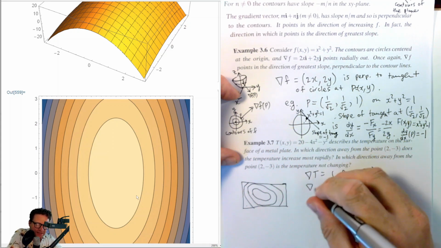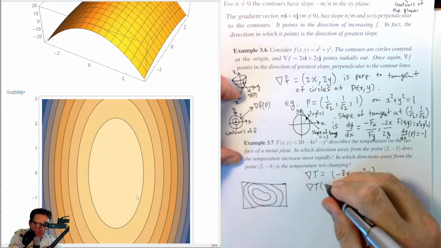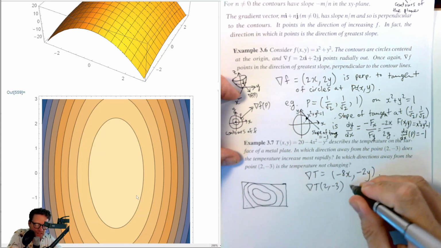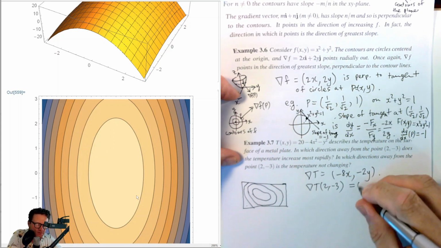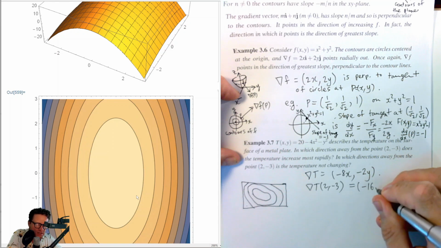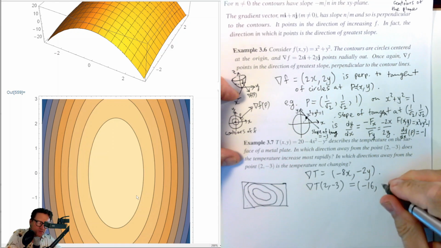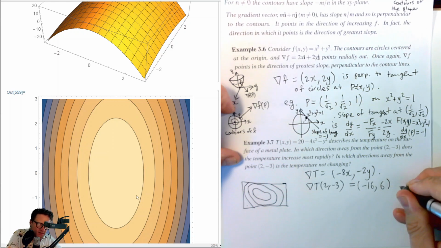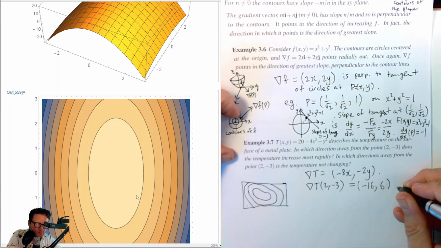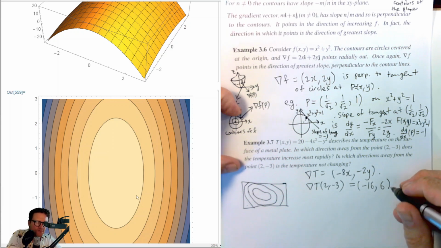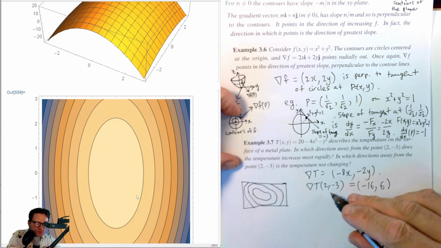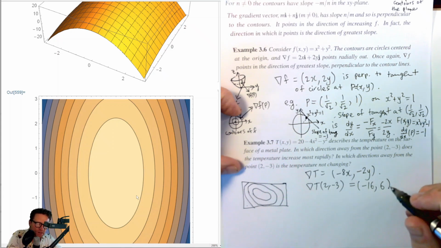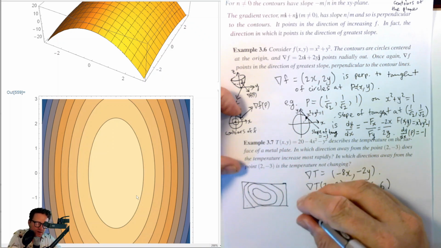So then grad T at the point (2, -3), subbing in x is 2, we've got -16, and subbing in y is -3, we've got 6, so (-16, 6). All right, so this is a vector. Now this tells us the direction to go from the point (2, -3) in order to increase in temperature most rapidly.